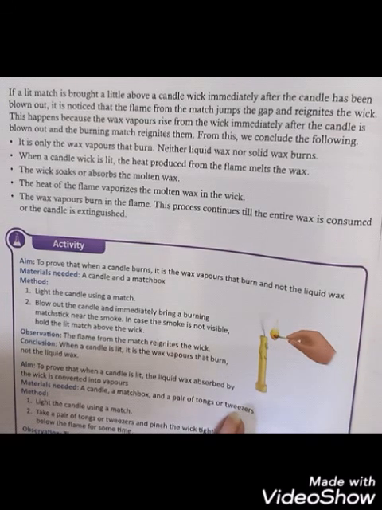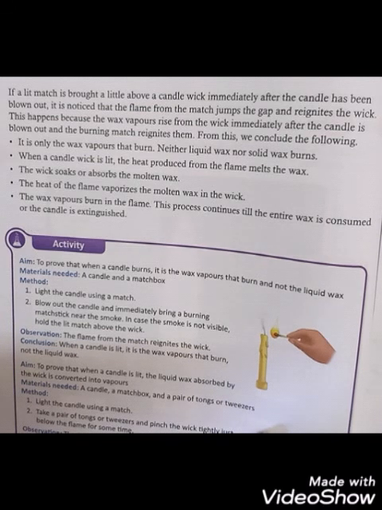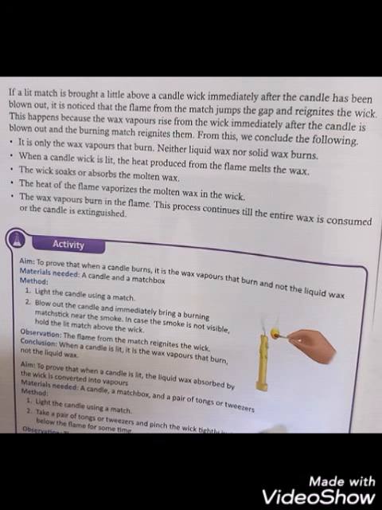So why does this happen? This happens because the wax vapors are continuously rising from the wick. Whenever the wick is blown out, the wax vapors rise up, and the burning match which you have held in front of the wick reignites them.